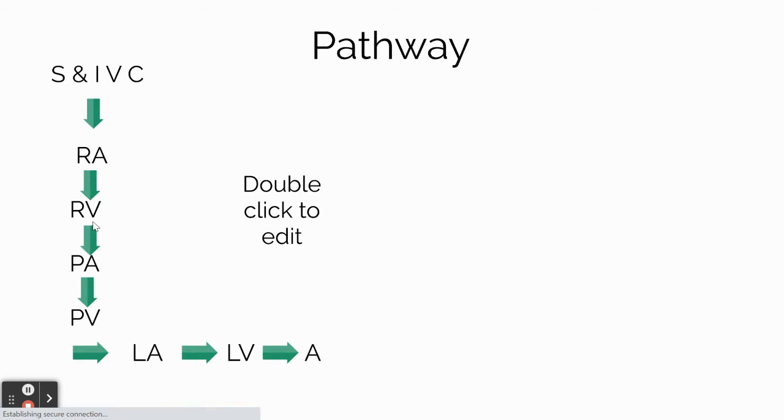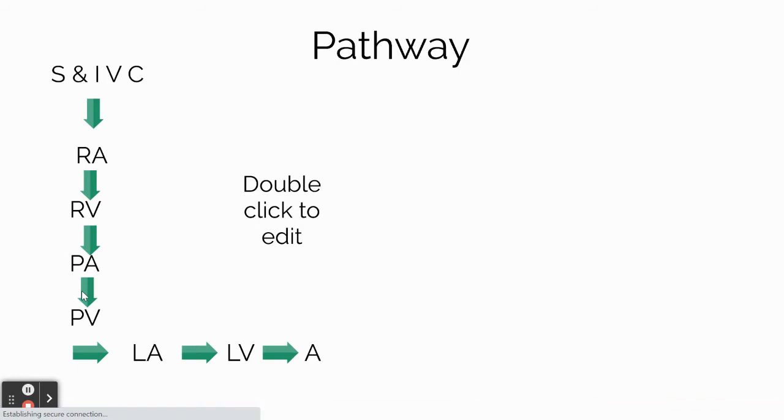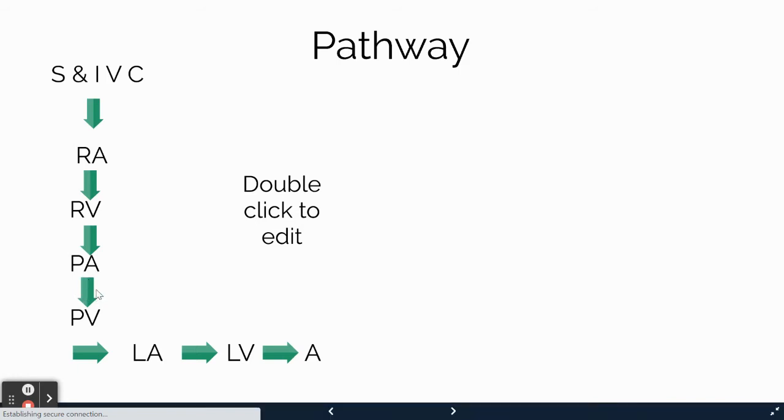Your right ventricle then fills up with deoxygenated blood. When that right ventricle contracts and squeezes, the deoxygenated blood gets forced through another valve and then into your pulmonary artery. As it's in your pulmonary artery, then it's going into the lung system. Okay, it's going into the lung system.